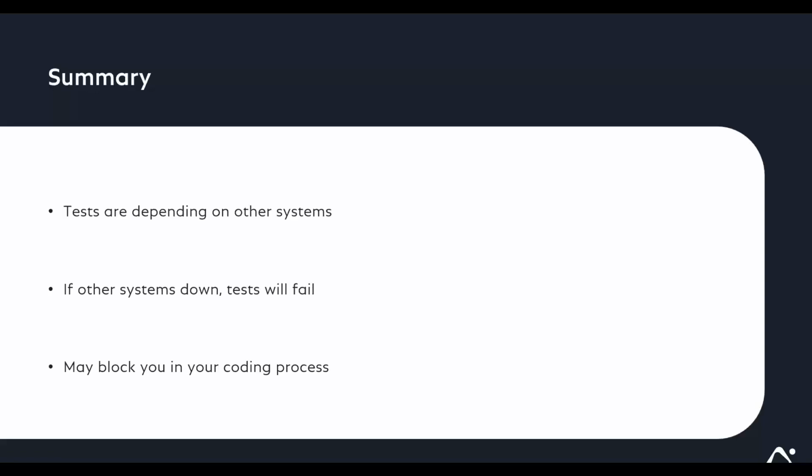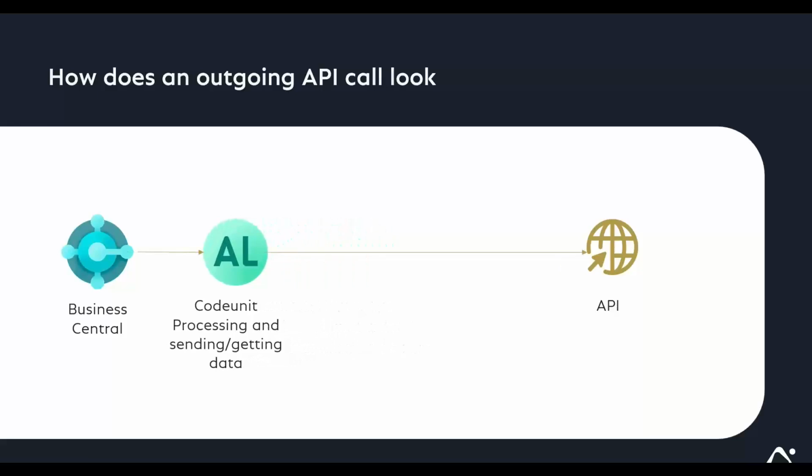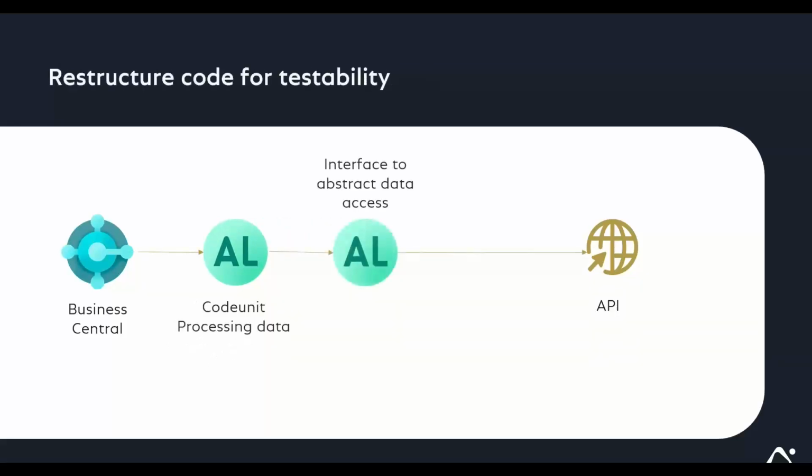So how can we change it? We add just another layer of abstraction, and we now have a code unit which is processing the data, then an interface which is abstracting everything, and then we have one code unit which is getting or sending the data. This means we now have the possibility in the middle section to define where we get our data from.